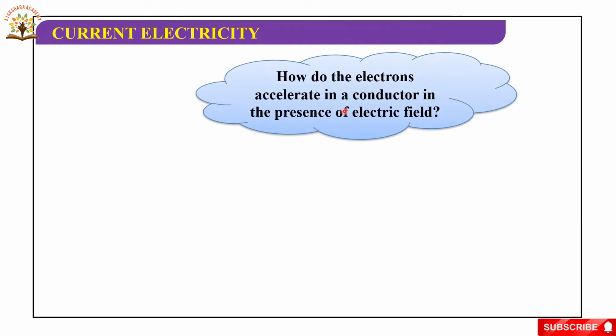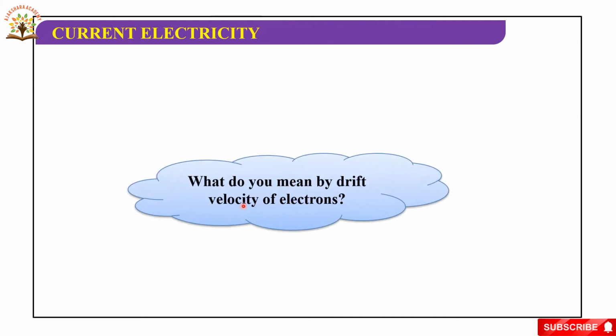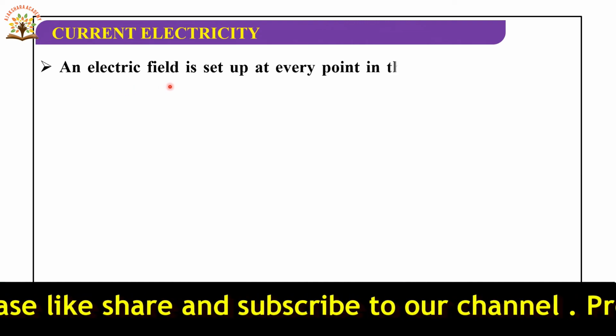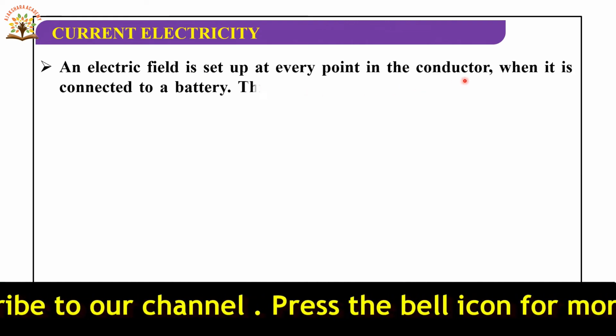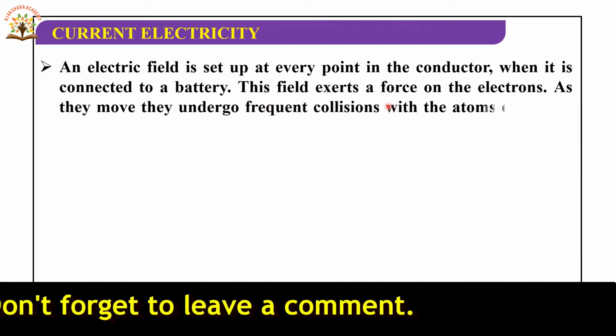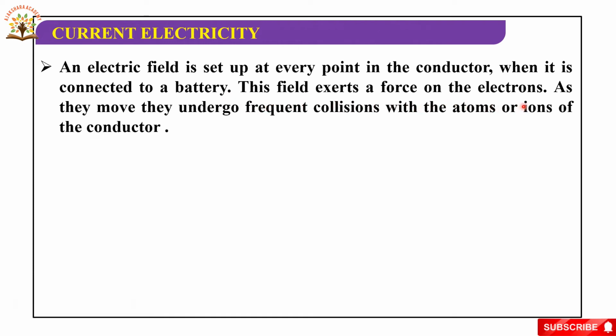So how do electrons accelerate in a conductor in the presence of electric field? Let us discuss. What do you mean by drift velocity of electrons? An electric field is set up at every point in a conductor when it is connected to a battery. This field exerts a force on the electrons.